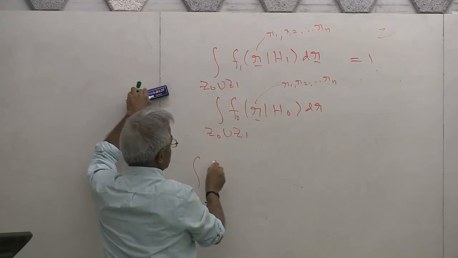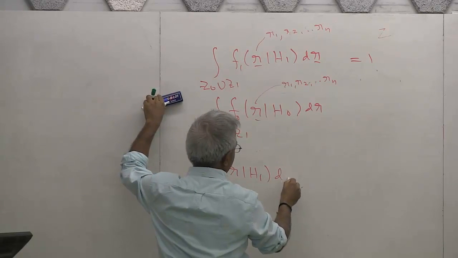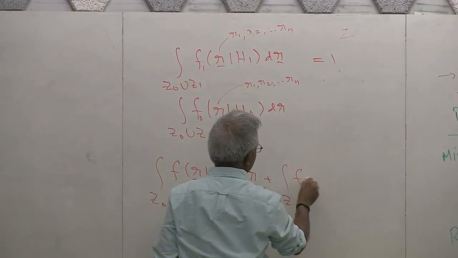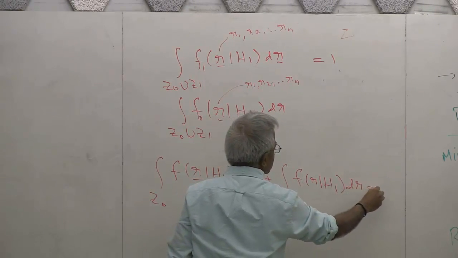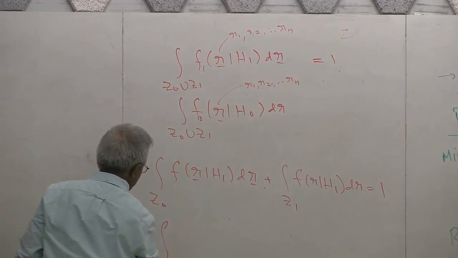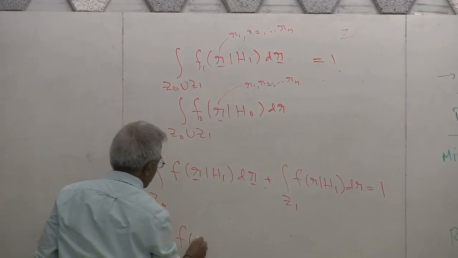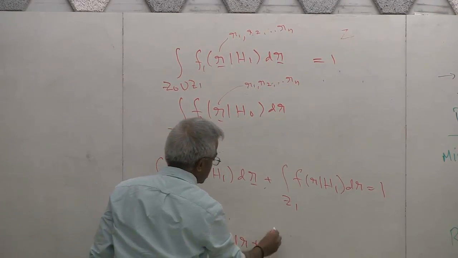Remember, they being disjoint, you also get the integral of f(r|H1) dr over Z0 plus over Z1. This is trivial. This is true for any density function. Same thing here, f(r|H0) over Z0 plus Z1.